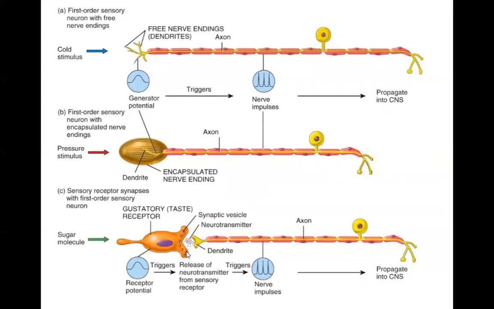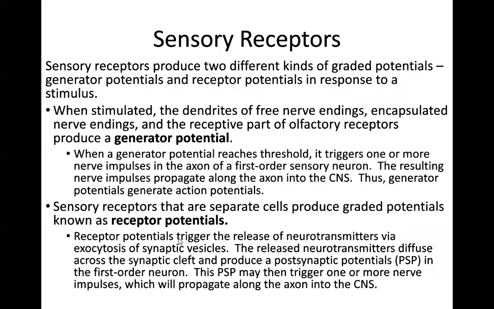Notice we've got synaptic vesicles. There's the cleft, the space between the cell and the dendrite. The dendrite would be where the receptors are for those neurotransmitters. So receptor potentials trigger the release of neurotransmitters via exocytosis of synaptic vesicles. The neurotransmitters cross the cleft and produce a postsynaptic potential in the first order neuron.